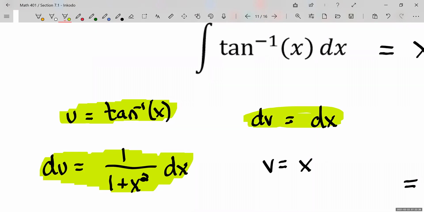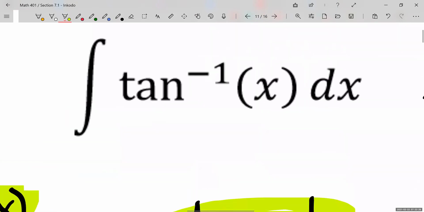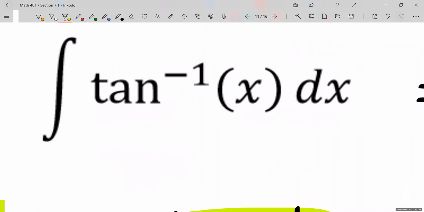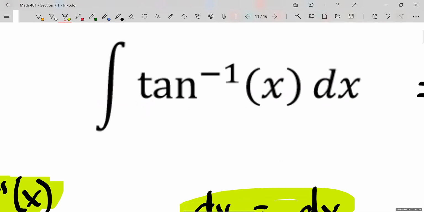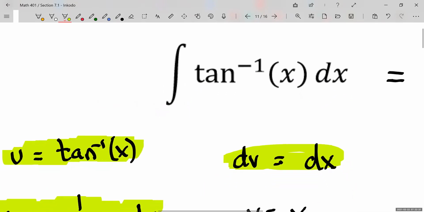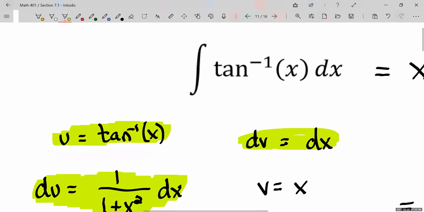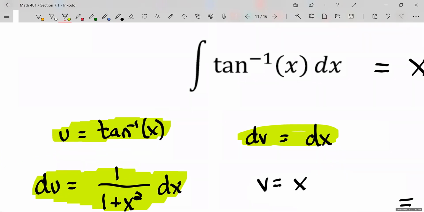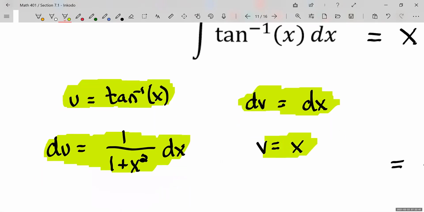And that often happens when you have a single factor or a single function within your integral. You often do end up, if you have to use by parts, with an interesting choice for u. U will be the function itself, and dv will just be the dx. And when you integrate that dx, you get an x.